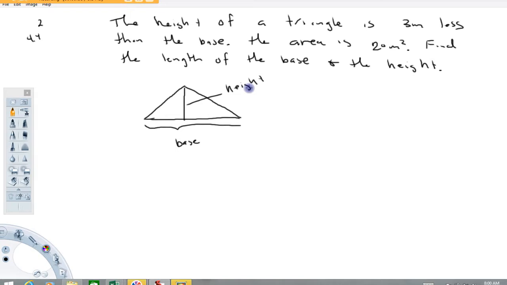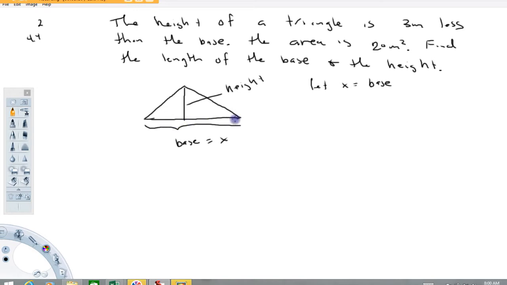You typically start these problems by defining some sort of variable. I could say let x equal the height or the base. It's not going to matter. I'm going to say let x equal the length of the base. So this distance here is now x.